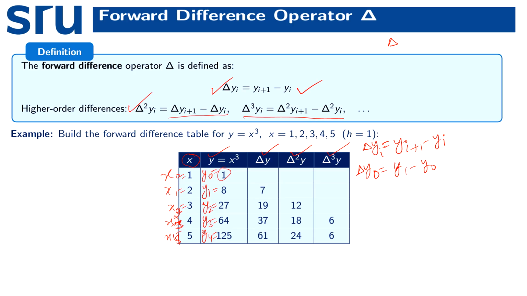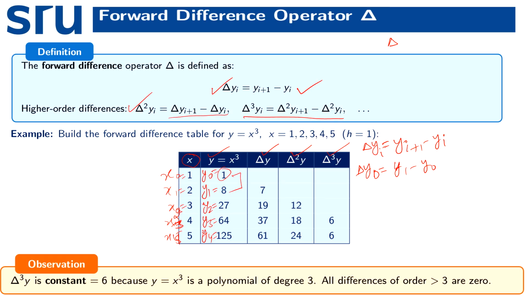Here the value is 8 minus 1, which is equal to 7. Similarly, you can find delta y1, that will be equal to y2 minus y1. That is 27 from the table minus 8, that is 19.